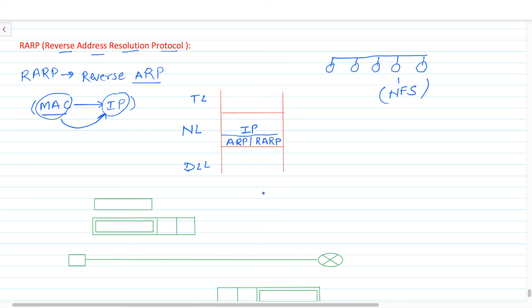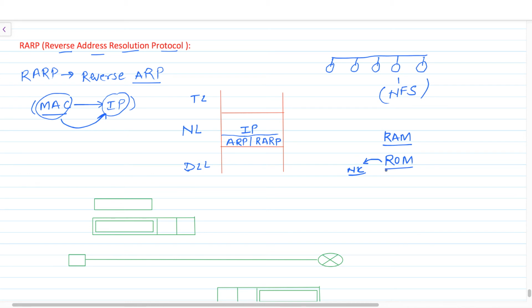In the same way, in our computer system also we have two types of memory. One is called RAM, which is a temporary or volatile memory, and the other is ROM, which is permanent. Why is it permanent? Because ROM is associated with the NIC, the network interface card.